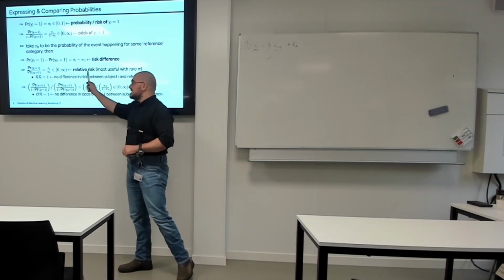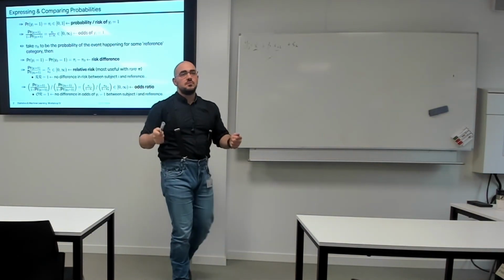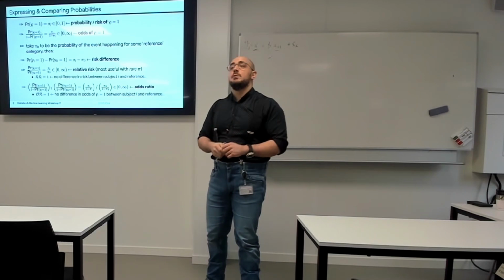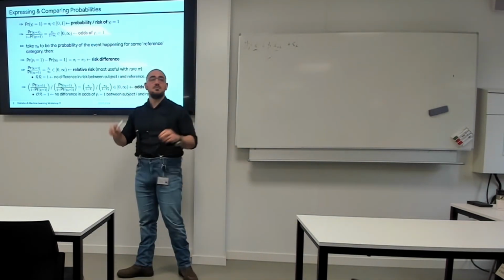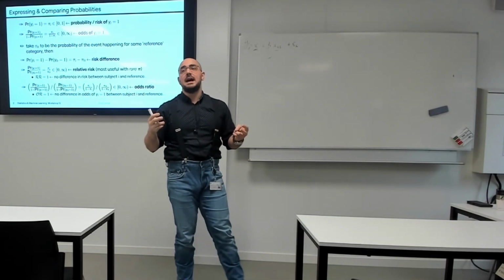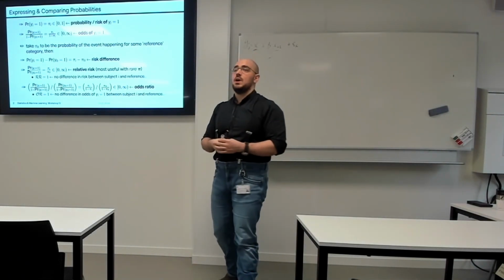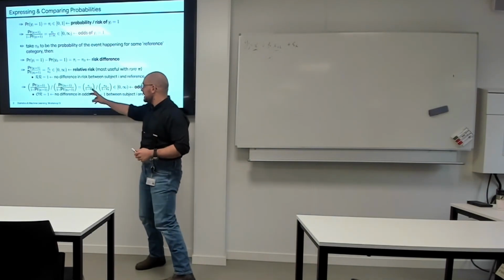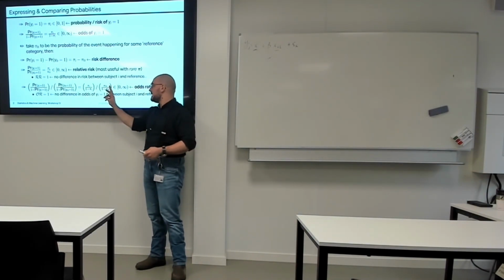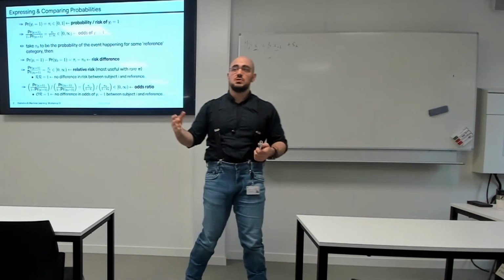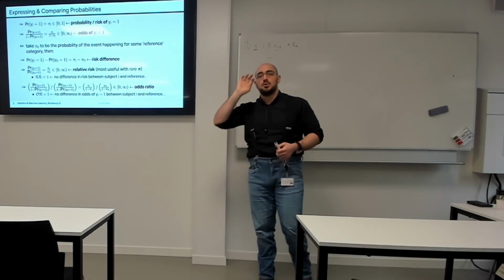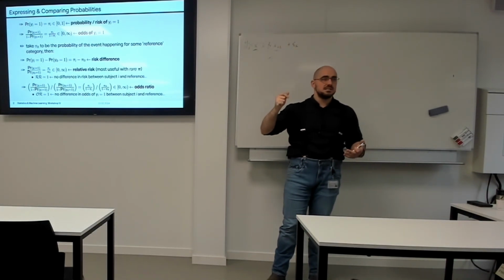These two are nice because they work with probabilities or risk directly, but we want to work with odds as well, right? And what we have to work with odds is the relative odds, also known as odds ratio. That is just the odds of an event happening for you divided by the odds of the event happening for the reference. Same story: we put the reference at the bottom, we put you, the subject of interest, at the top, and then we divide.